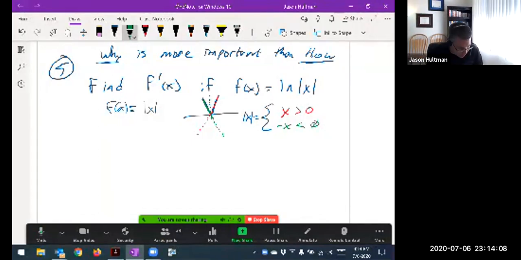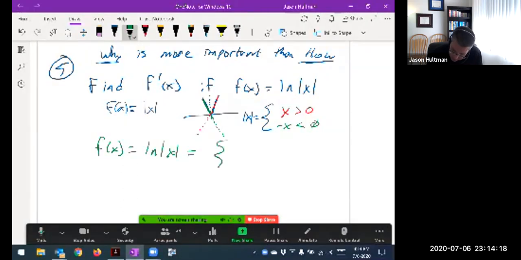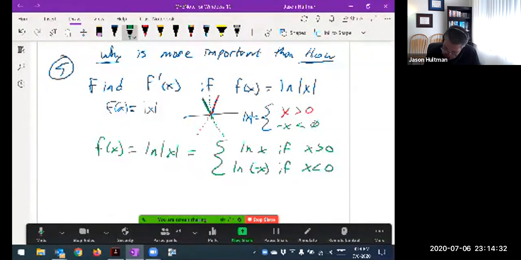So what does this function natural log of absolute value of x mean? Well, f of x equals ln of absolute value of x means that it's the natural log of x if x is greater than 0, or it's the natural log of negative x if x is less than 0, right?